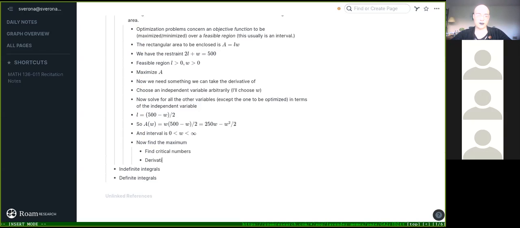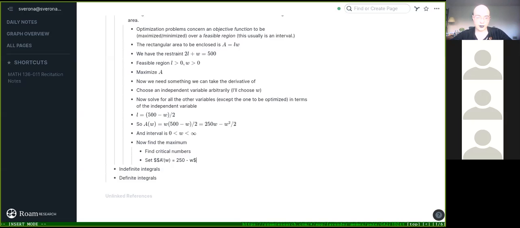So set A prime, and I can go ahead and take that derivative. I think that's going to be 250 minus W, right? Yeah, okay. I got spooked there because I didn't think this was going to work, but it came out okay.